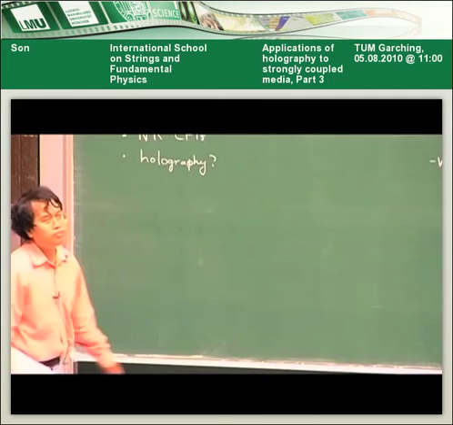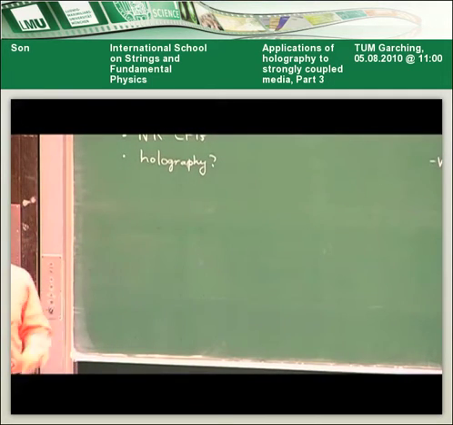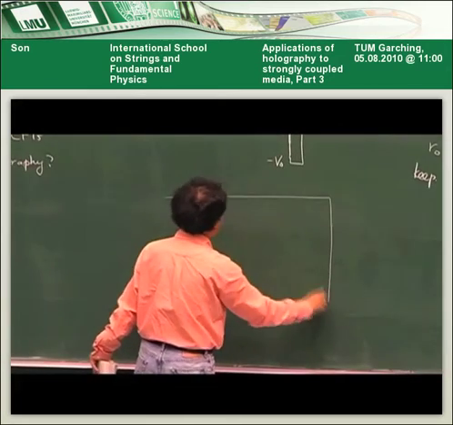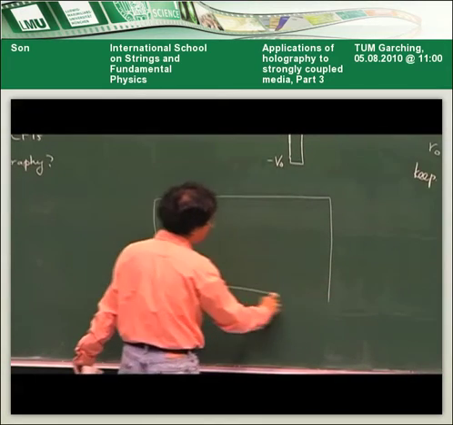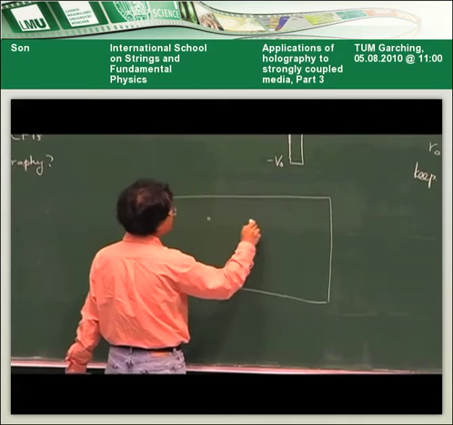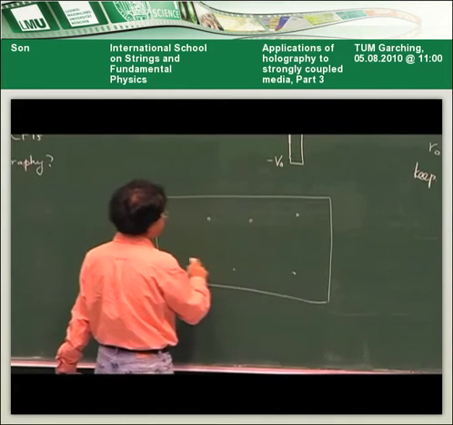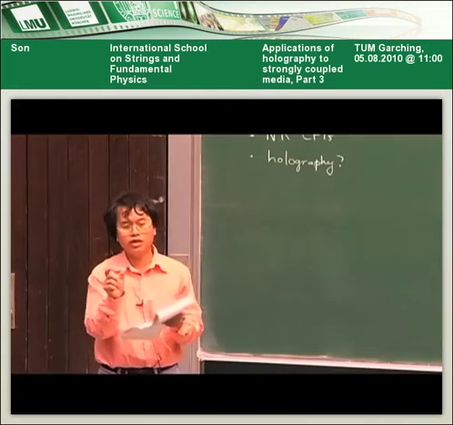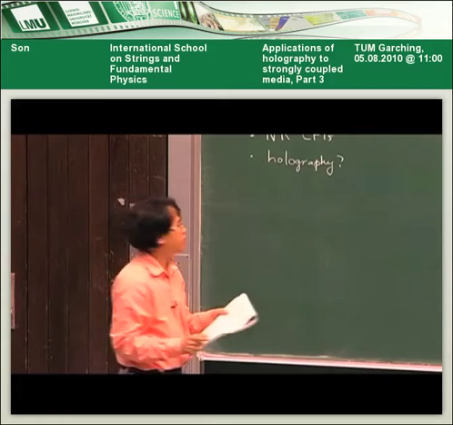And experimentally, people have managed to create such a system, where I am not going to describe how they do that. I'm just going to draw a picture. Basically, you have atoms that are very far away from each other. So the system is dilute. The interparticle distance is much bigger than the size of the atoms.